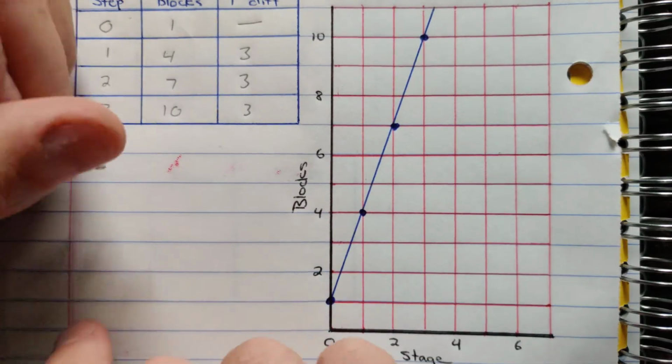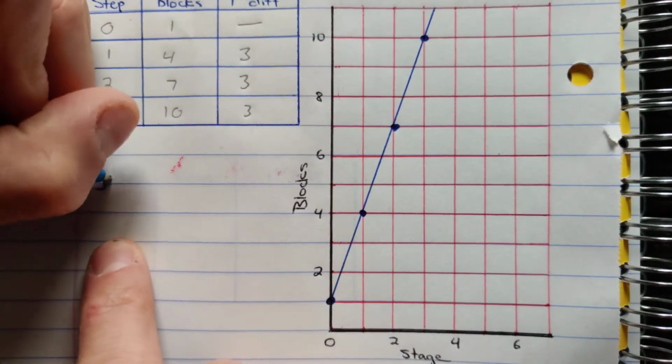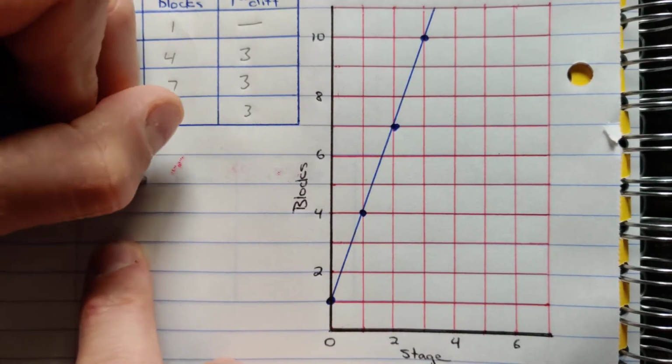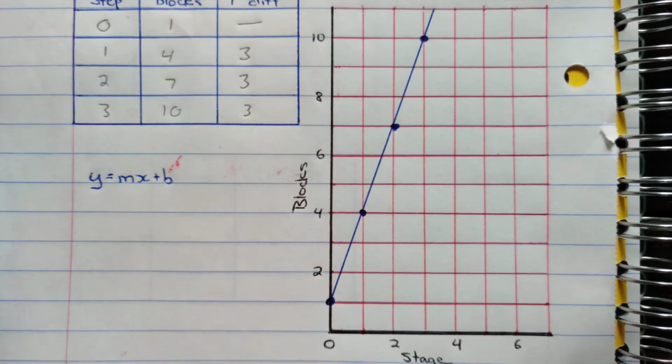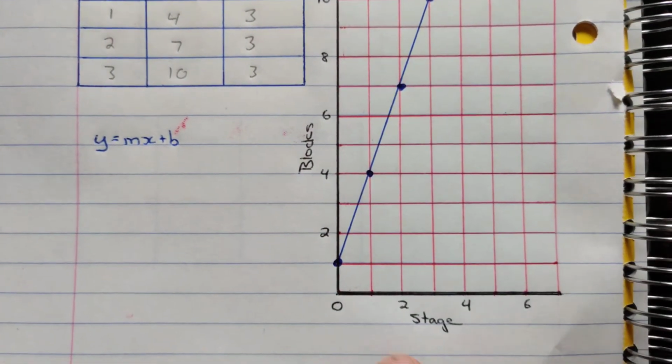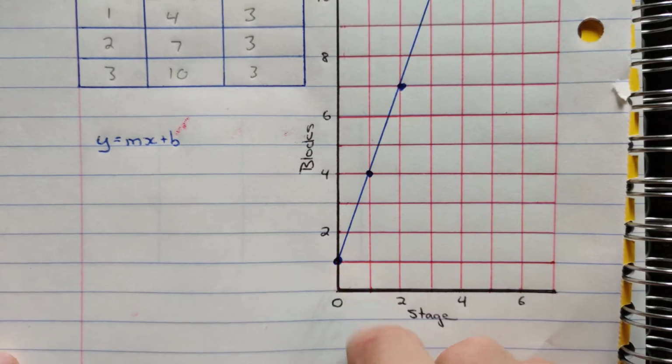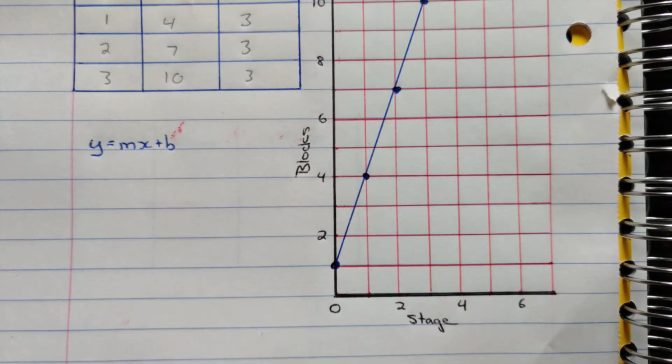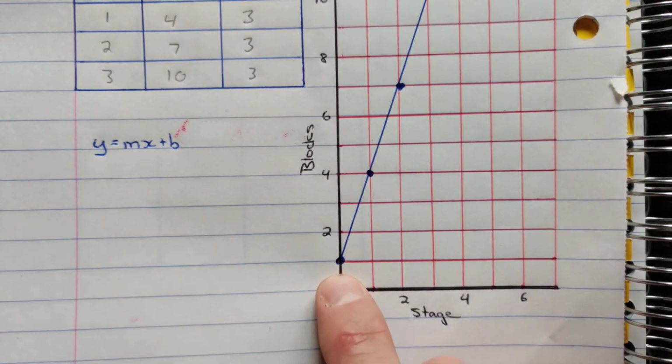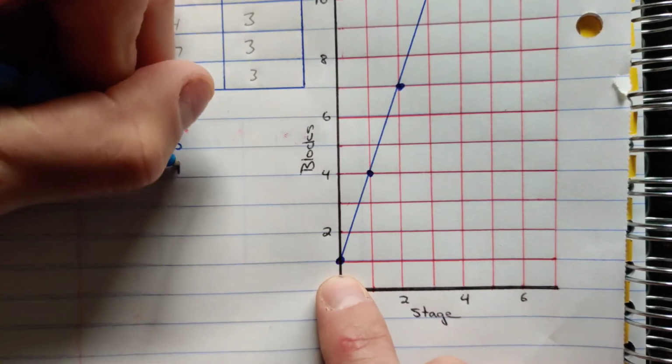Recall that our equations are y equals mx plus b, and we're using that one because this is partial variation. There's an initial value of 1 here, so that's our b value.